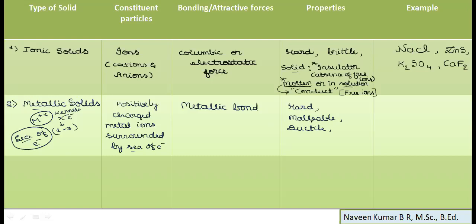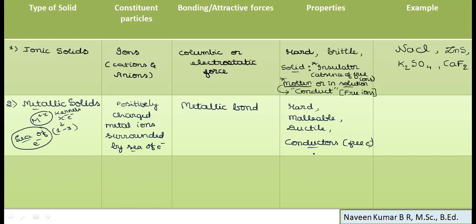Along with that, regarding conductivity, metallic solids are very good conductors of both heat and electricity. The free or mobile electrons present around the metal ions in the metallic solid are responsible for its conductivity.